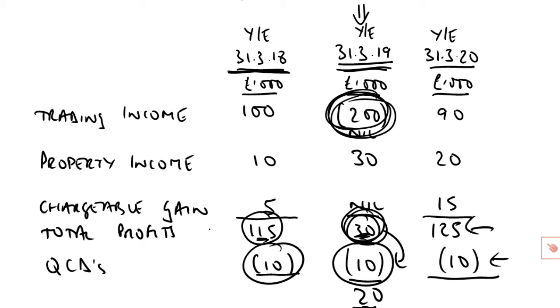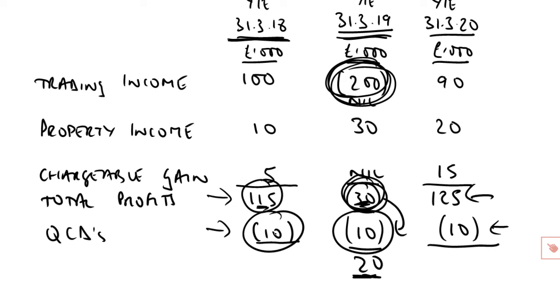Now that had total profits of 115, donations of 10. Without any loss reliefs being applied, 10 from 115 would have been 105. So without the carryback claim, I repeat, a claim that had to be £115,000 of loss relief applied, we would otherwise have been paying tax on the £105,000.